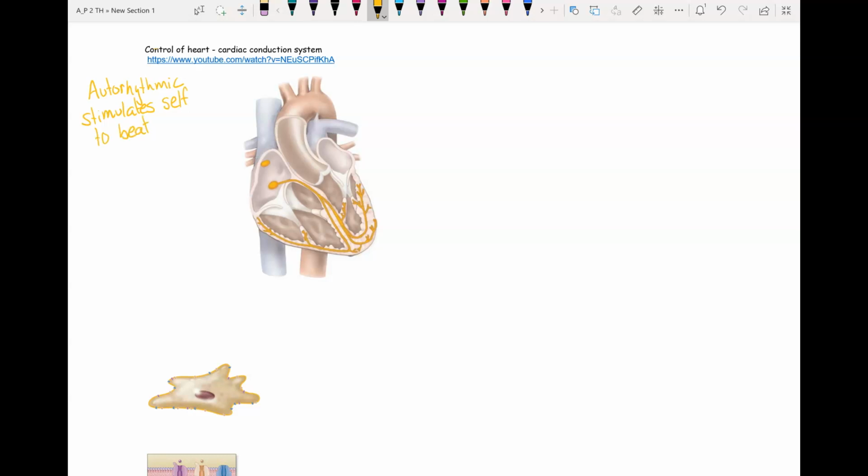It has its own built-in system that makes it beat. It does not rely on the brain. Your brain does not tell your heart to beat. Your brain can tell your heart to beat faster or slower, but it doesn't tell it to beat. That happens internally. And the structure inside that does that is the cardiac conduction system.